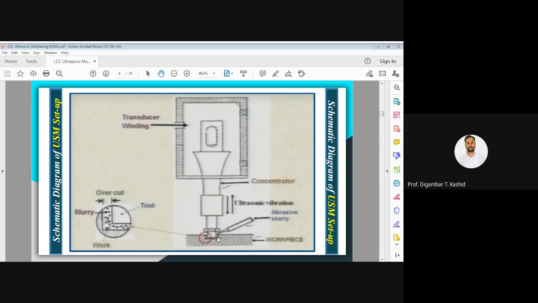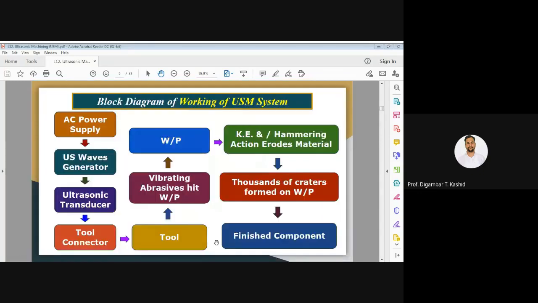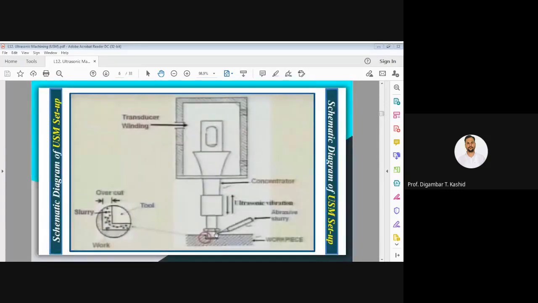This kinetic energy is nothing but one half m v square, that is the formula. Here m will be the mass of the abrasive particle, and v will be the velocity with which it is hitting this workpiece. So due to that hitting, or we can call it the hammering action, it will erode the metal from the top surface of your workpiece.